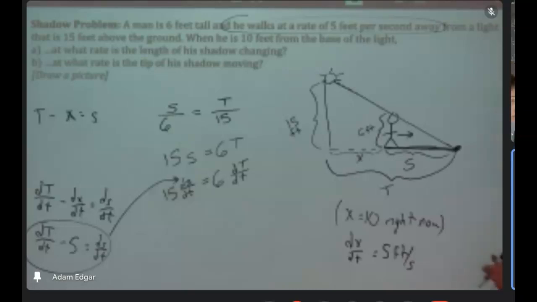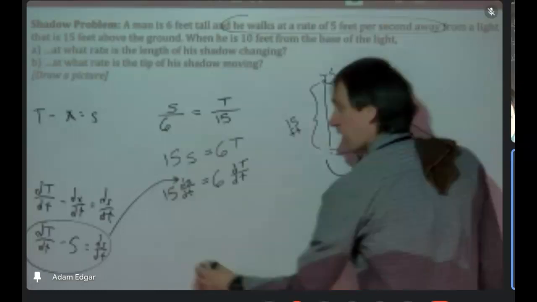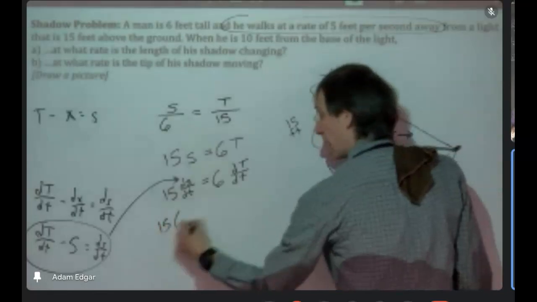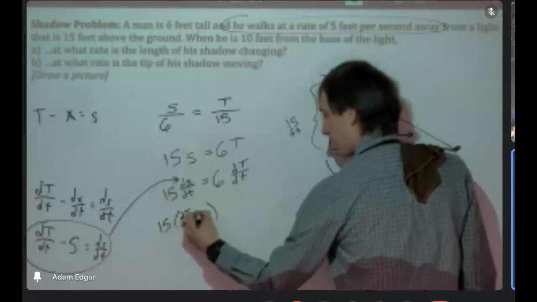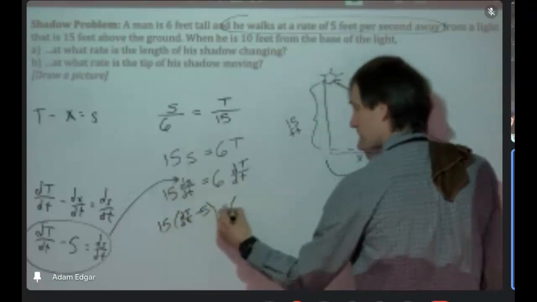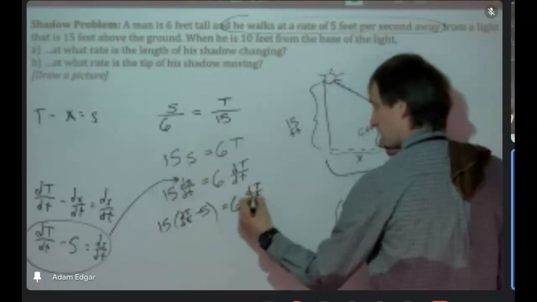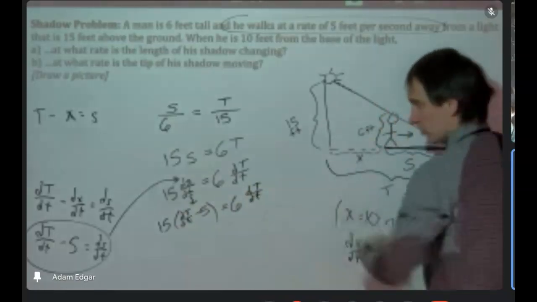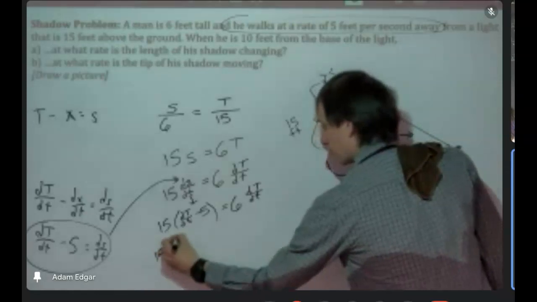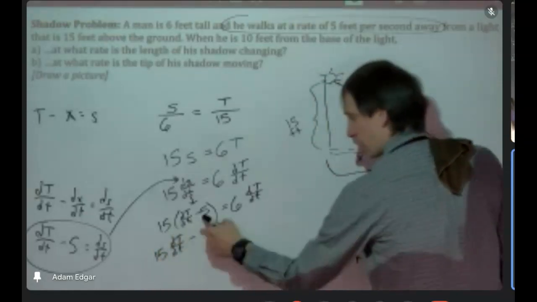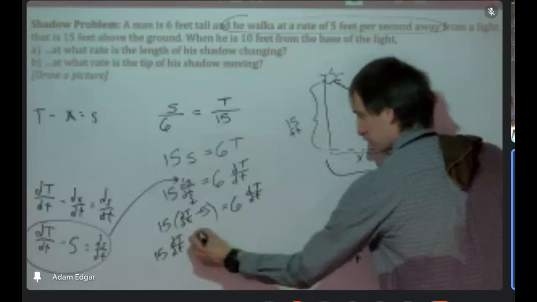So all the calculus, like the differentiation stuff, is super easy. Everything else about this is really hard. So we say 15. We know dS/dt, it's that thing. 15 times dT/dt minus 5 equals 6 dT/dt. Distribute. Yeah, 15 dT/dt minus, what's 5 times 15? 75, thanks.